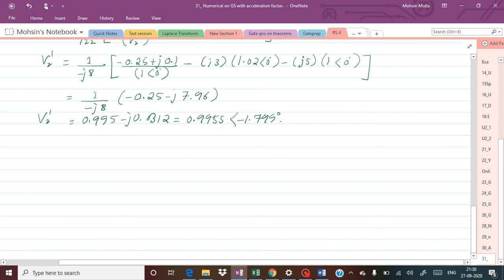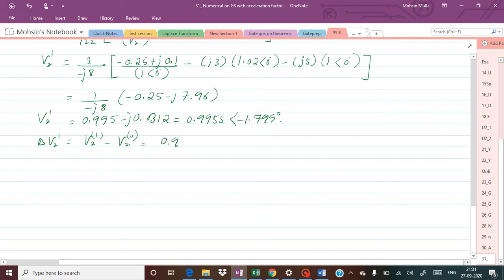Now after the first iteration we have to use the acceleration factor and try to determine the accelerated value. For that we need del of v2 of 1, which is nothing but v2 of 1 minus v2 of 0.